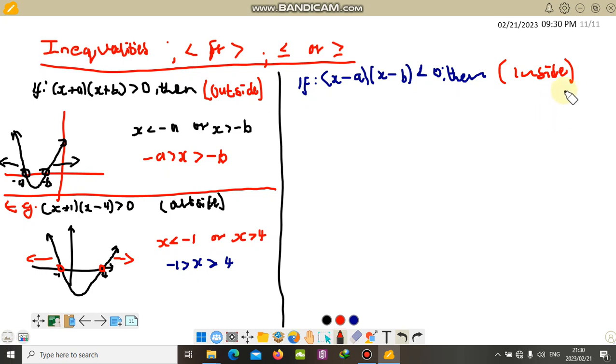The solution will be inside the graph. Okay, let us draw it.